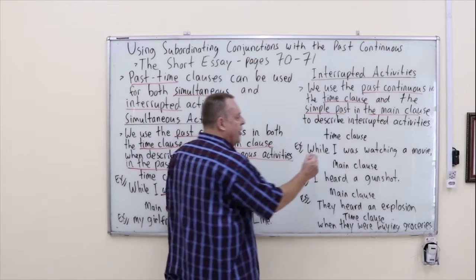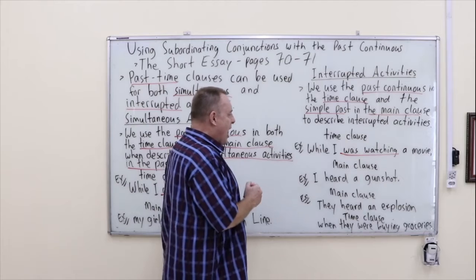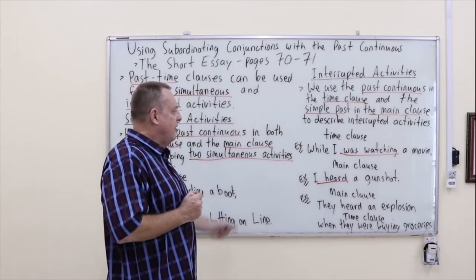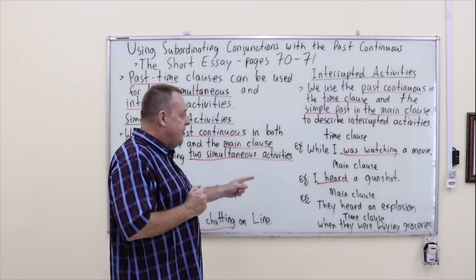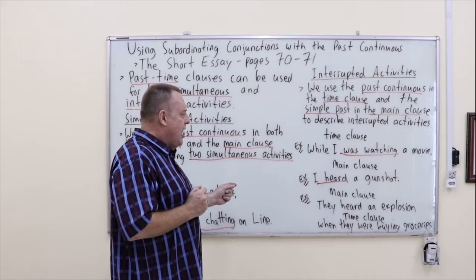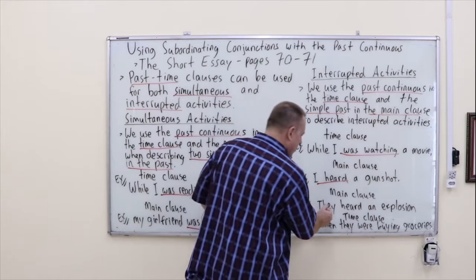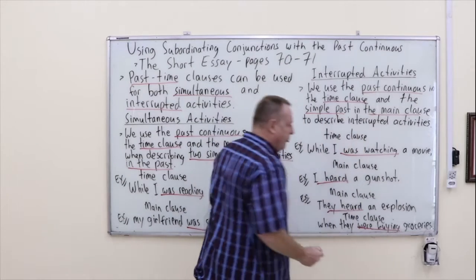While I was watching a movie, I heard a gunshot. Okay, so simple past. Now, let's just look at another example. This time we'll begin with the main clause again. They heard an explosion, so simple past, when they were buying groceries.